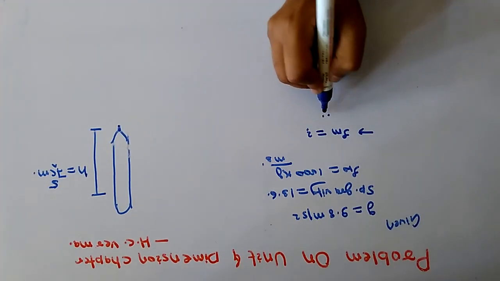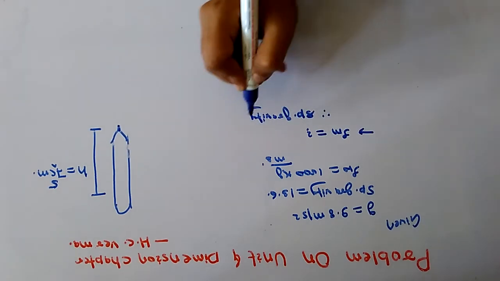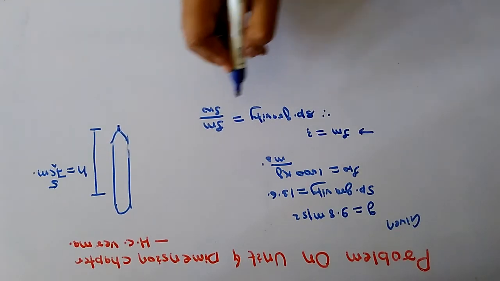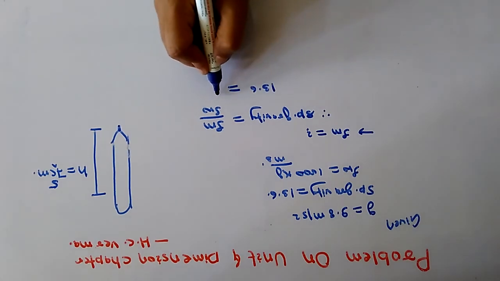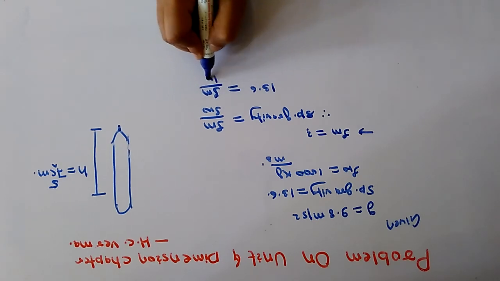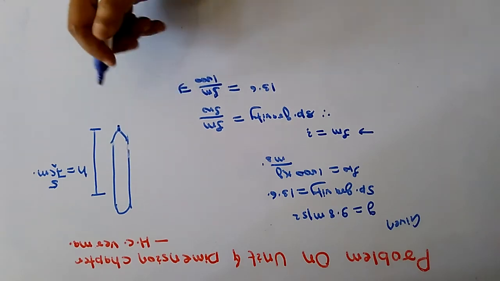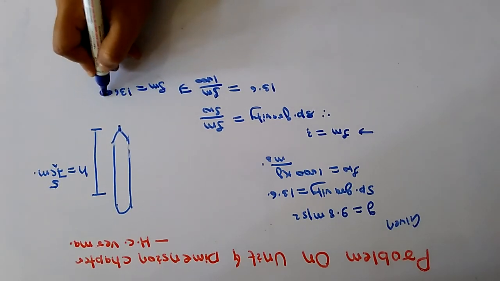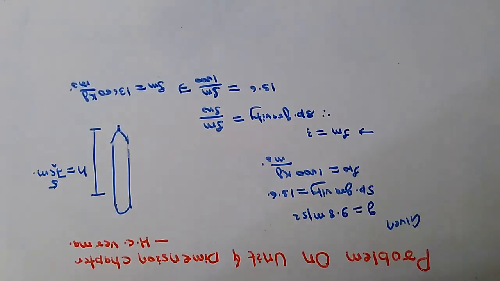Since specific gravity equals density of mercury upon density of water, 13.6 equals density of mercury upon 1000, so the density of mercury equals 13600 kg per meter cube.